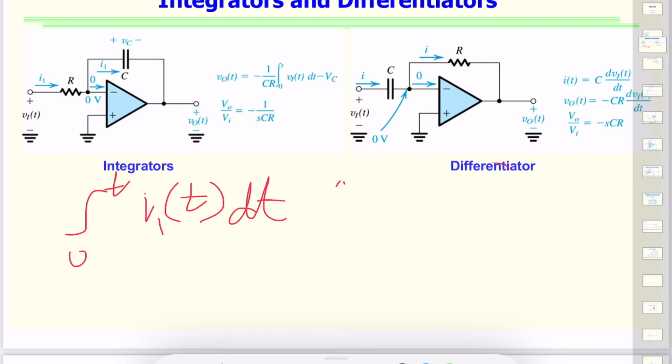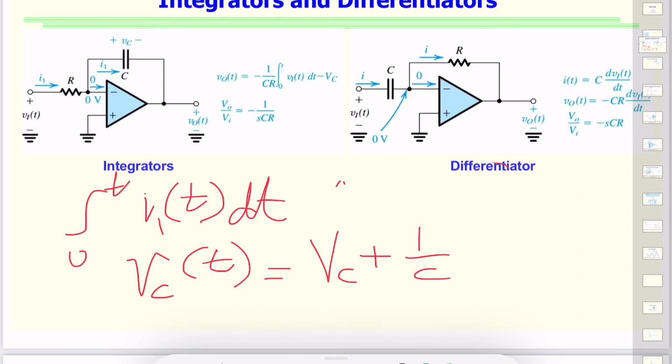So if I were to write the voltage on the capacitor, that would be the initial voltage plus the charge divided by C accumulated over time, 1 over C times the integral of I1(t) dt, right? So that would be the voltage on the capacitor.